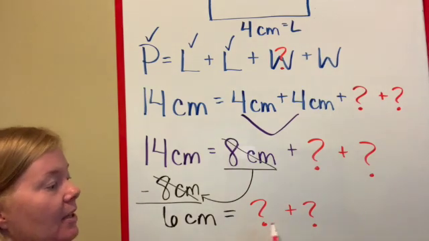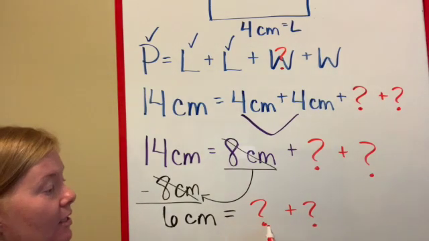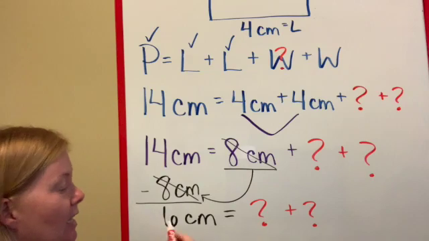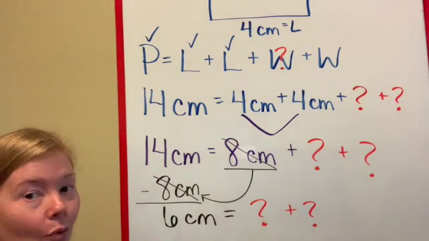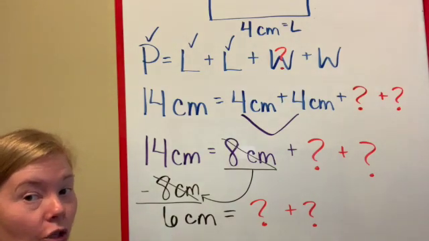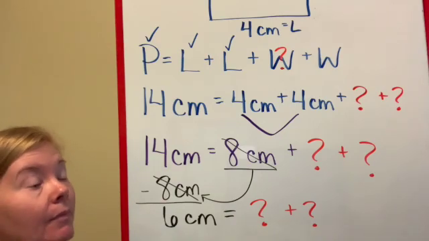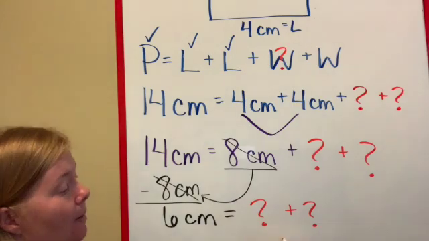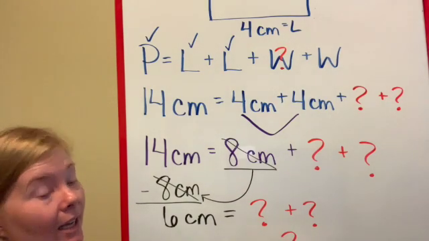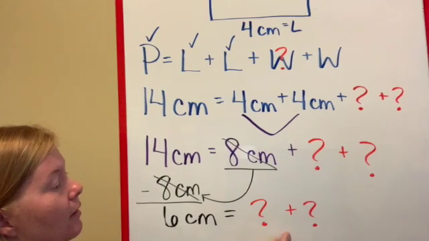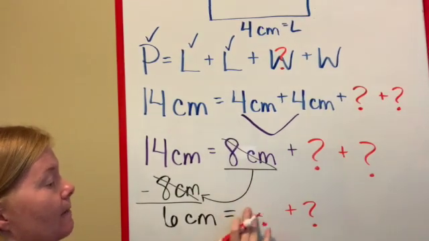This has to be the same number. This number plus this number has to equal 6. What is the only number that when you add it to itself, it's going to give you 6? Yeah, my question mark is 3.